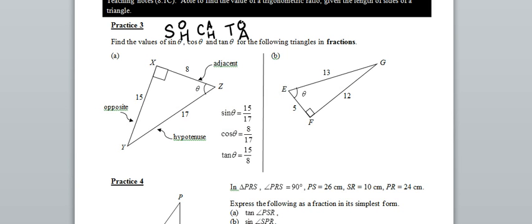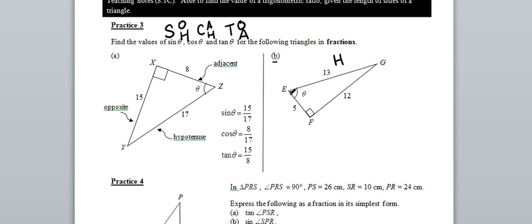So for practice 3, question B, the first thing that we always do is, inside this triangle, we label the hypotenuse first. Which side is the hypotenuse? This side, EG, 13, is the hypotenuse. Next, identify the angle. Where is the angle theta in this question?